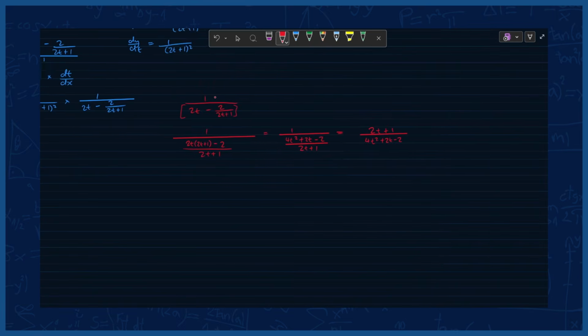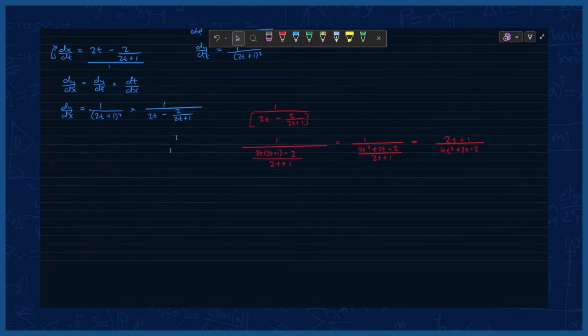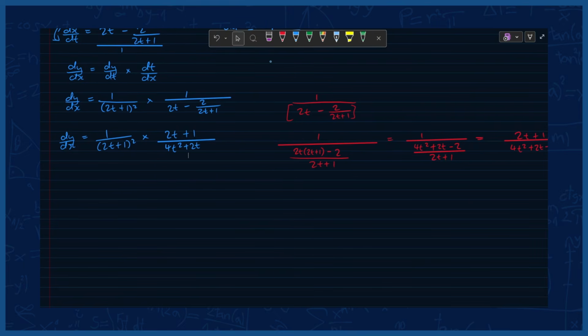So that means if we come back here, this whole thing can be written as this. So let's go ahead and substitute that. So I know my dy dx is going to be my 1 over 2t plus 1 squared multiplied by the 2t plus 1, and this is all over 4t squared plus 2t, and that is minus 2.